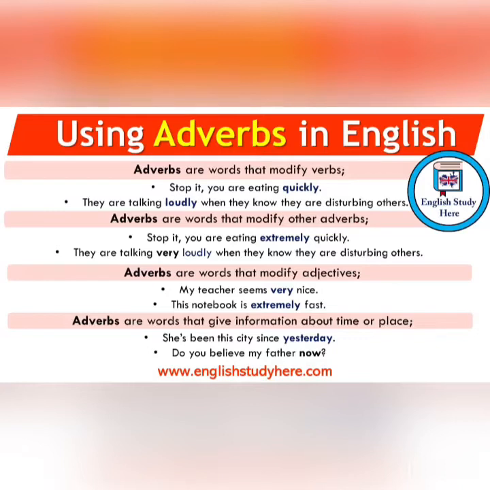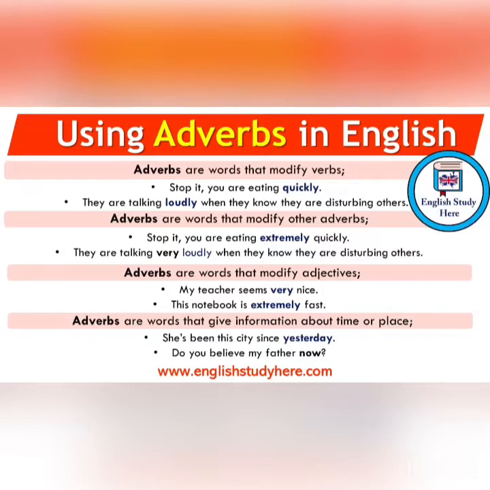What is the verb over here? Eating. And the word quickly is adding something to, or modifying, the verb eating. So here the adverb is quickly. Let's take the second example. They are talking loudly when they know they are disturbing others.